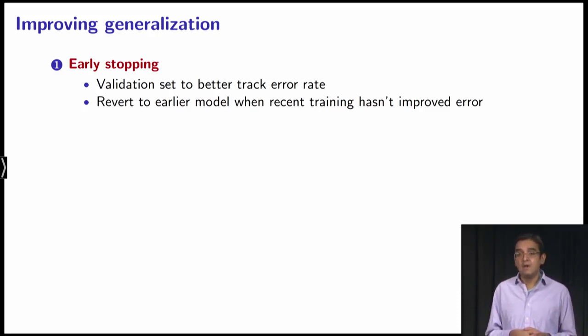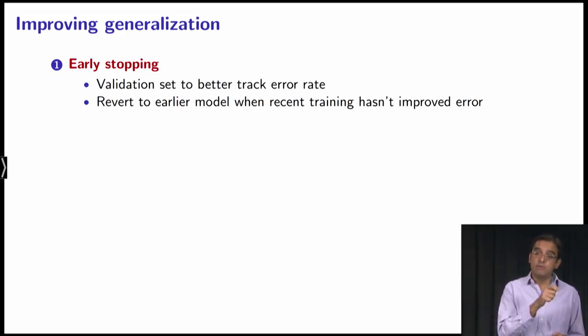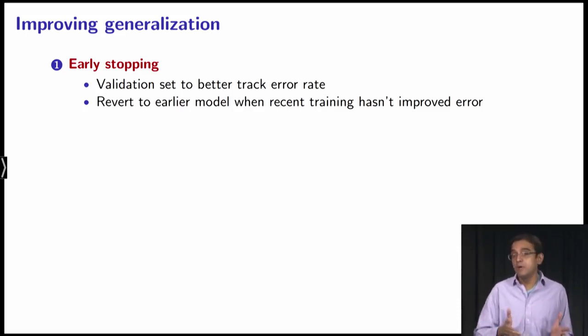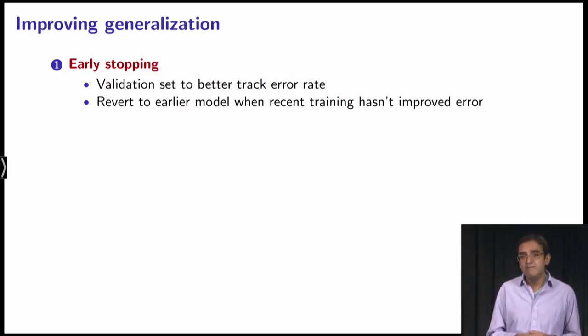This doesn't mean, however, that the true error or test error, the thing we really care about, is going down as well. Okay. In fact, the test error could be behaving in some strange way. It might start going up at some point and then come back down again. Who knows? Okay. In order to better track it, it helps to have a special, separate validation set.